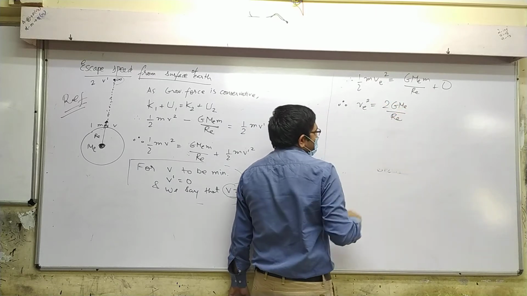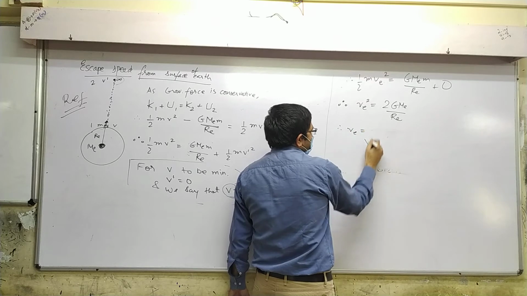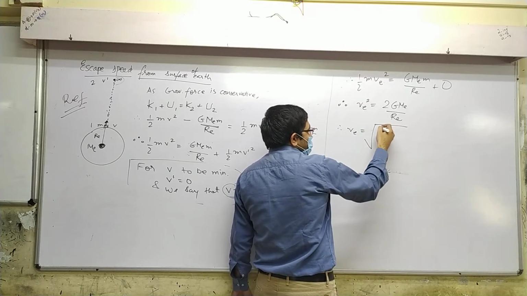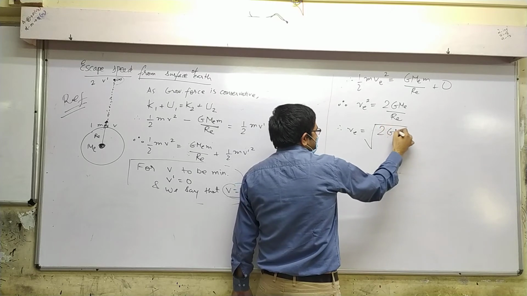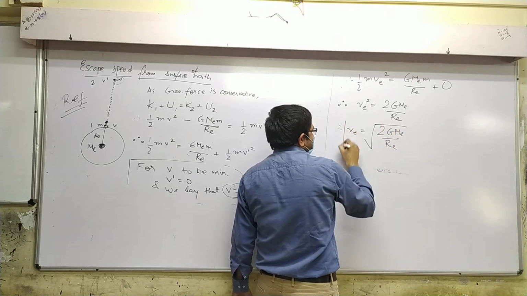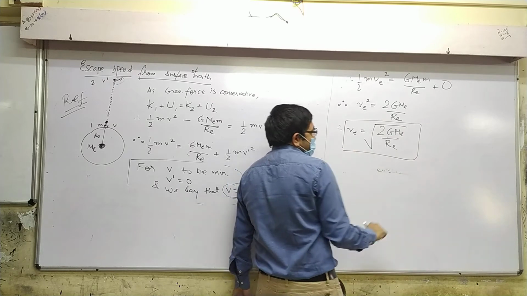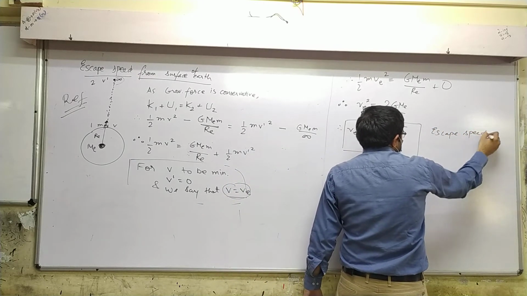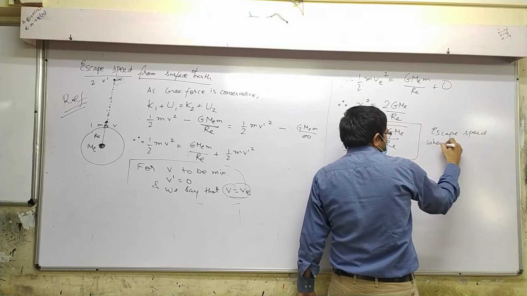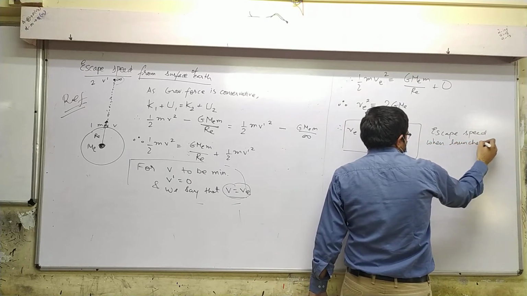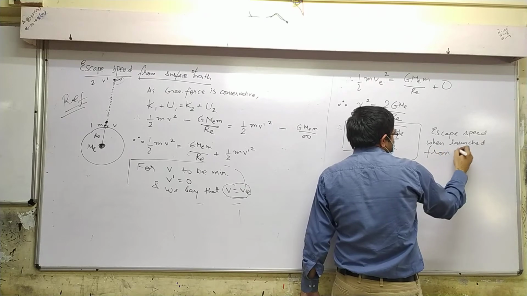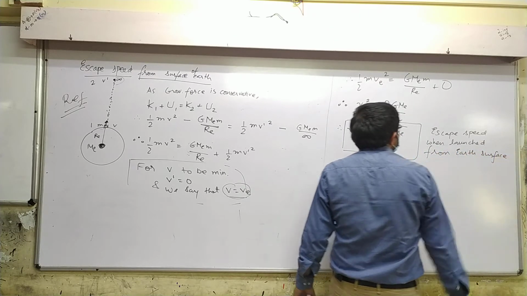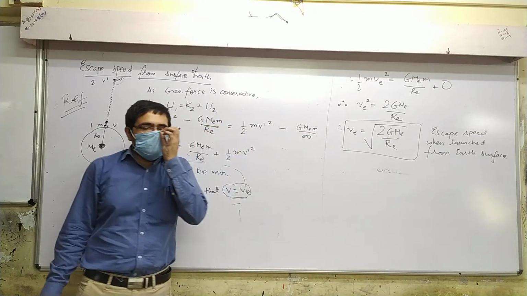Yes or no? So what is VE? Under root 2GME by RE. This is the escape speed when launched from Earth's surface.